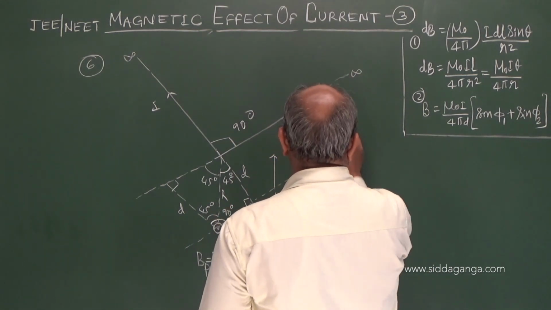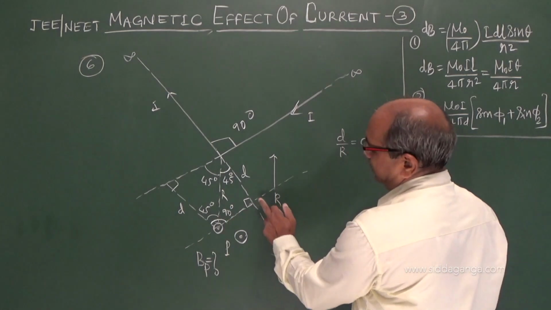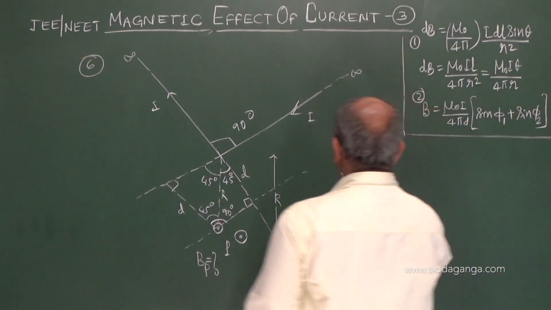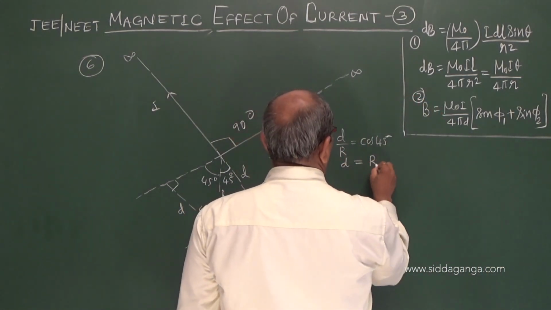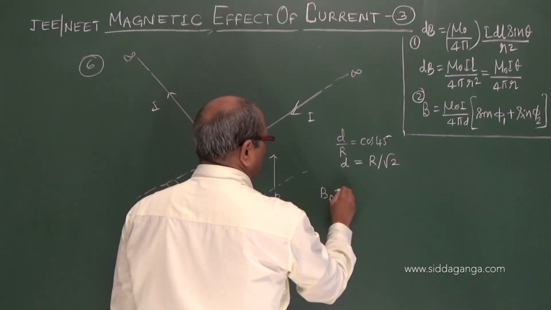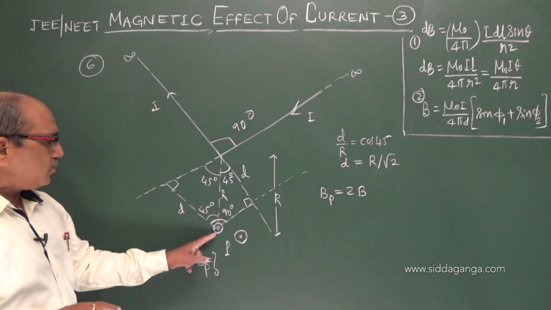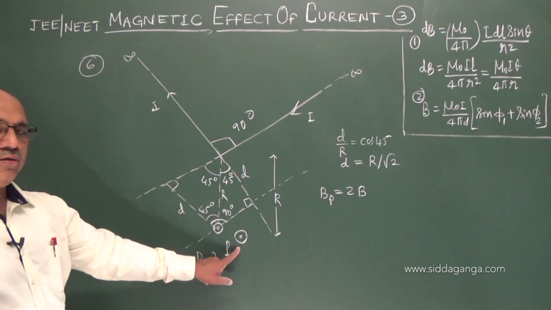Or D by R can be taken as cos 45, because it is adjacent side by hypotenuse. So D is equal to R by root 2. Again, I take B at P is equal to 2 times B. Both fields are of the same magnitude and same direction, outward.